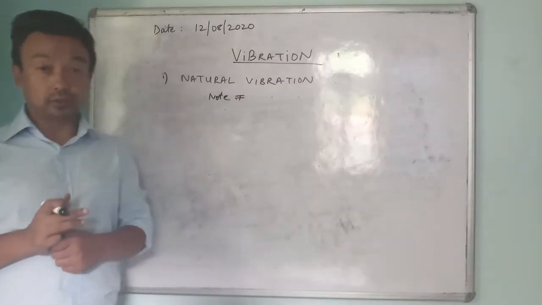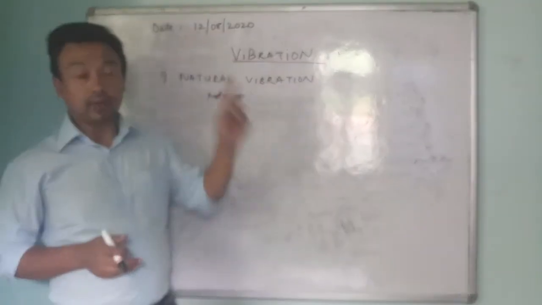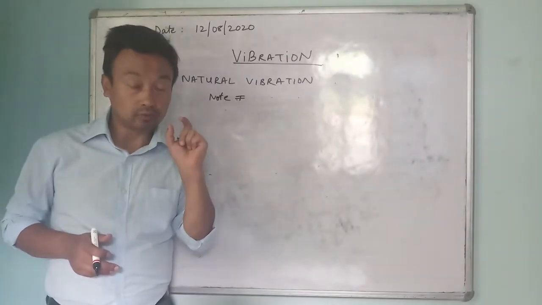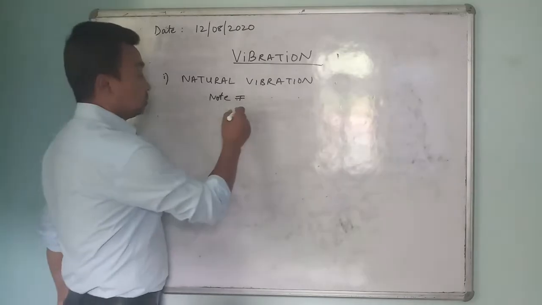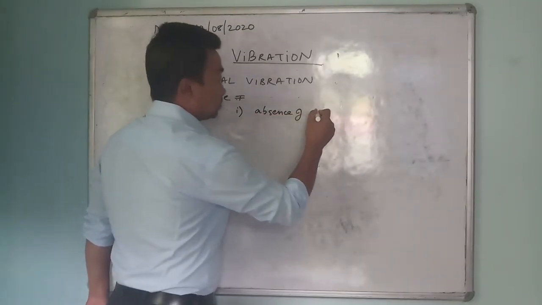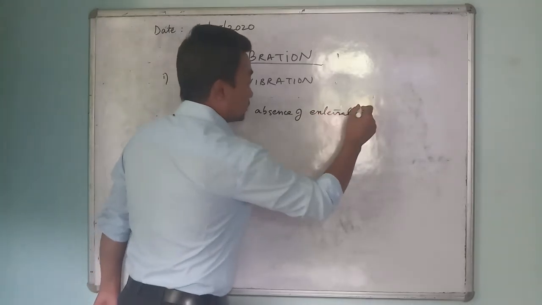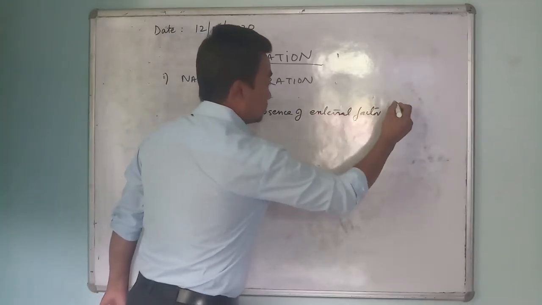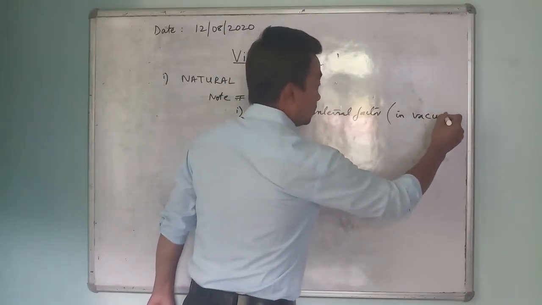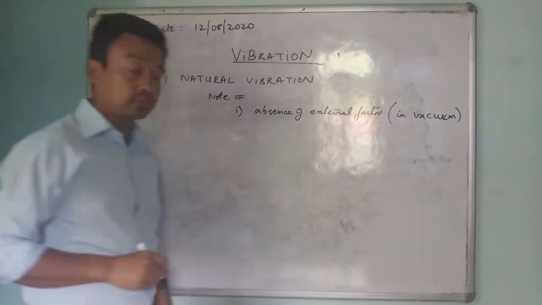The first point, it is the periodic vibration of a body in the absence of the external force. So point one, absence of external factor. That means we can say that it occurs in vacuum.